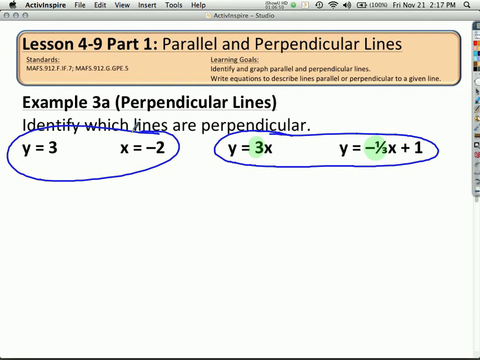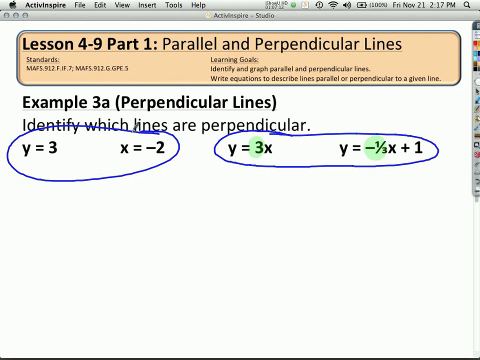Look at any horizontal line in my room and find a vertical line that's going with it. My bulletin boards, my whiteboard, my Promethean board, the column and the floor. These are all vertical lines meeting a horizontal line, and they all meet at 90 degrees. So these will always be perpendicular.